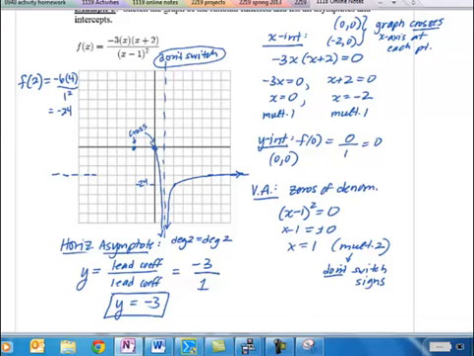I'm going to cross and then come back down to the other x-intercept, cross that one, both based on the multiplicities, and then I'm going to level off at the horizontal asymptote on the other side. So I don't know what the high point is in here, but I know I cross both x-intercepts, and I know the behavior is the same on both sides of that vertical asymptote.